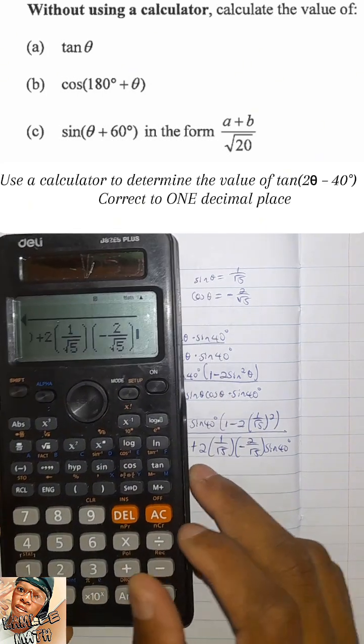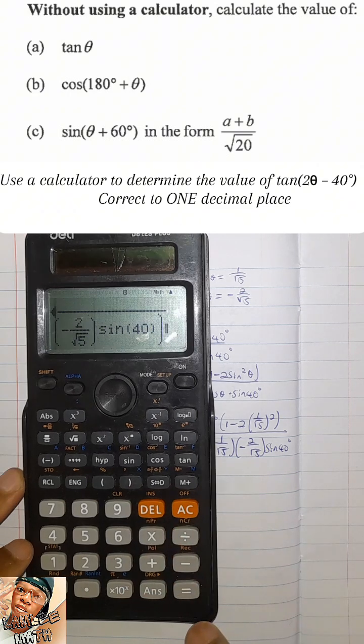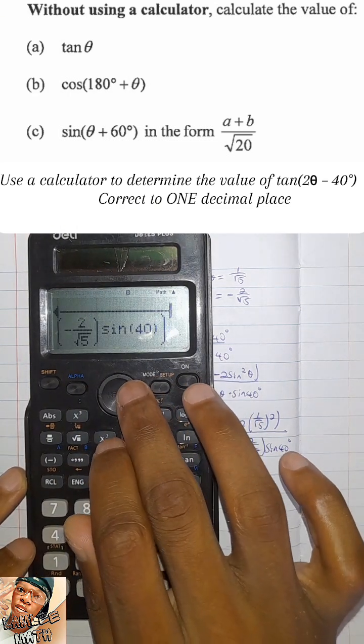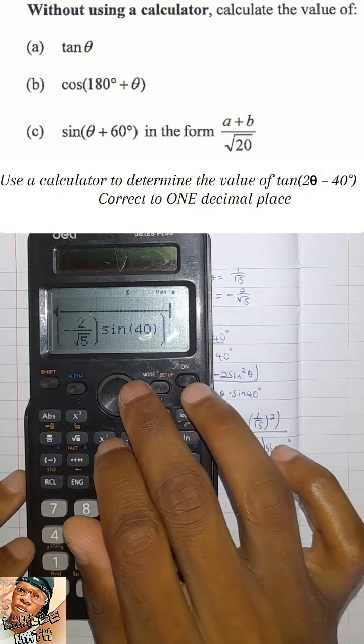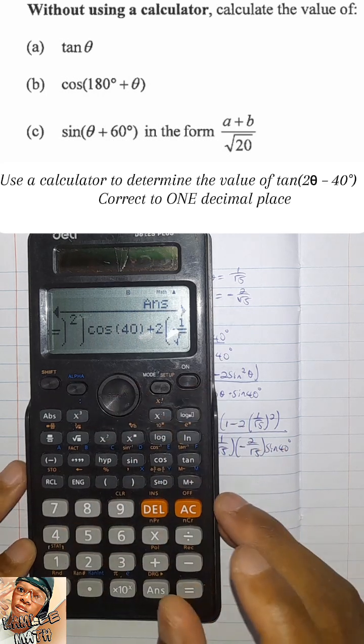When you're pressing a calculator, you have to be very careful. Make sure that you're pressing everything correctly. So this is the answer. Why is this saying syntax error though? Did I say answer though? Oh, I did. So what happened?